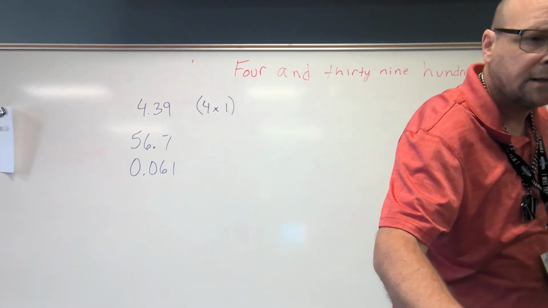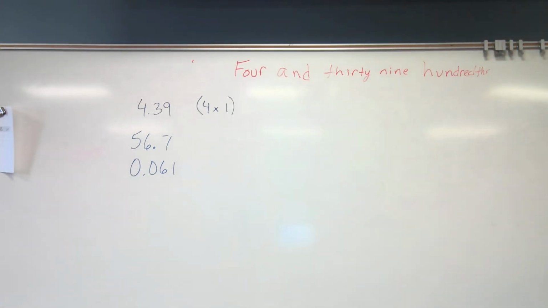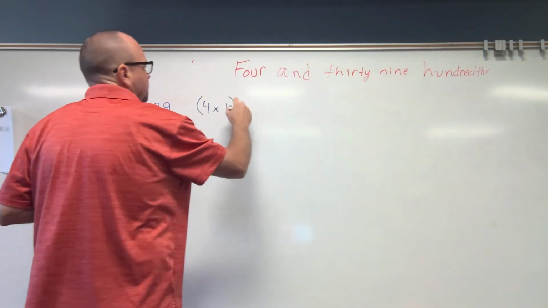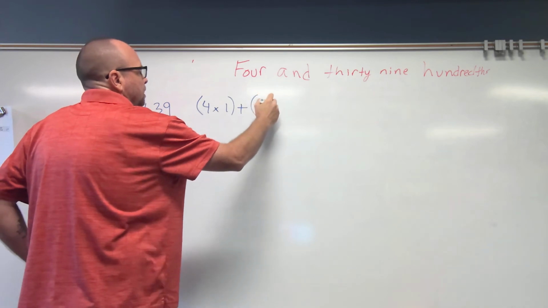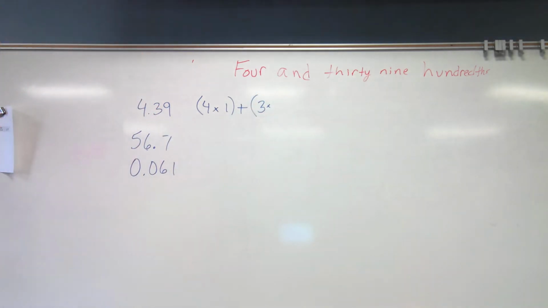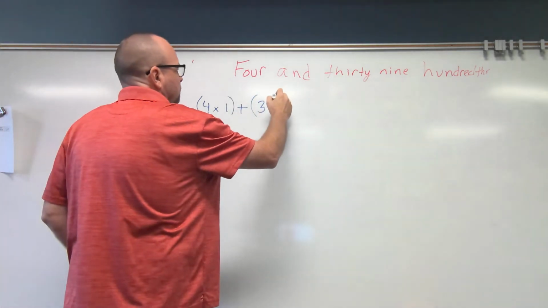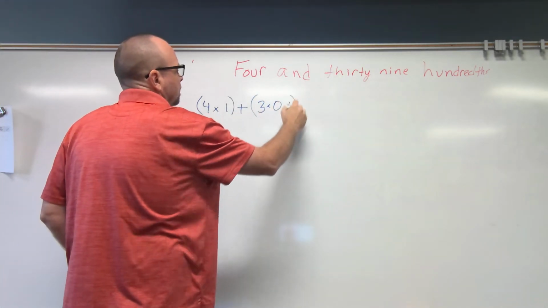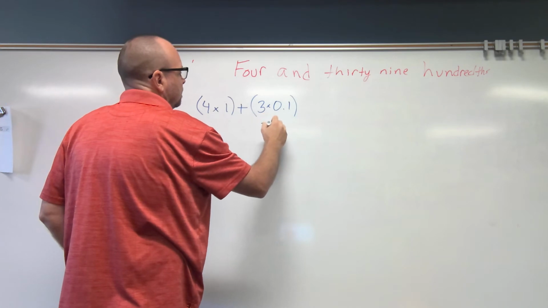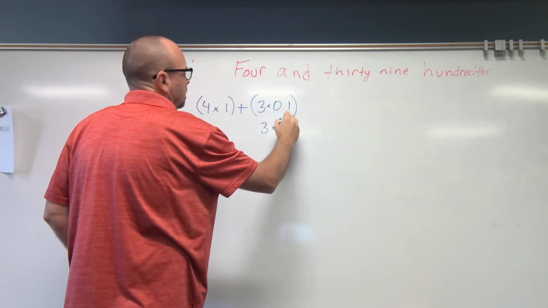Caitlin, where do we go next? Good. So I go 3 times what? Good. 3 and 1/10, or 3 times 1/10.